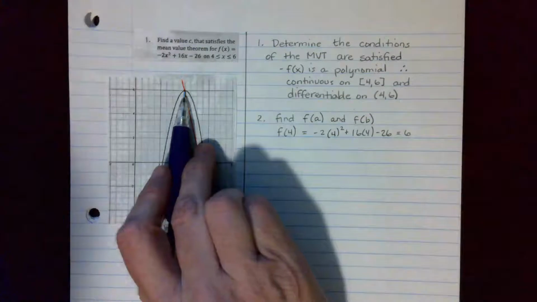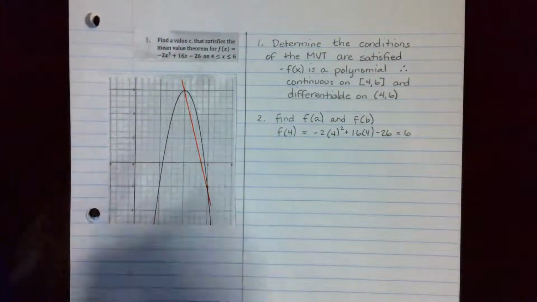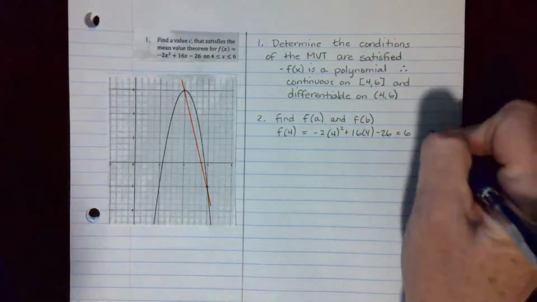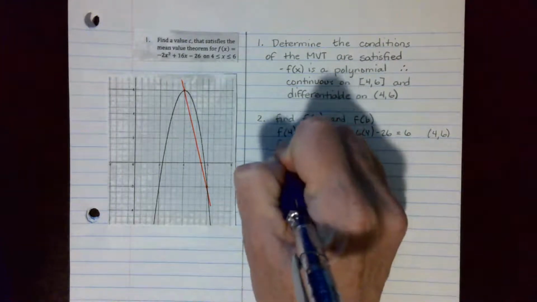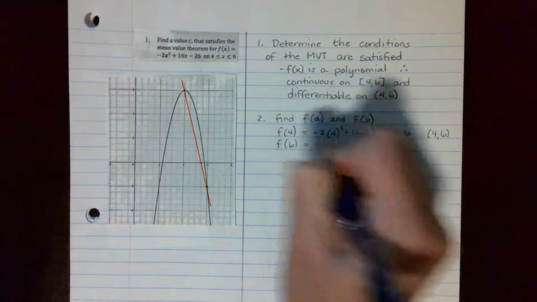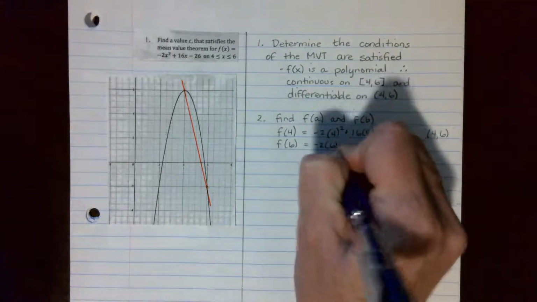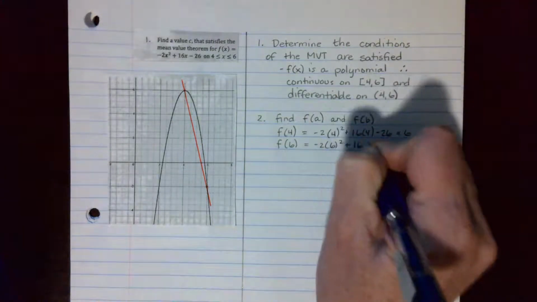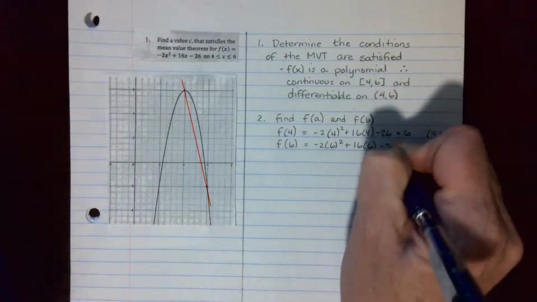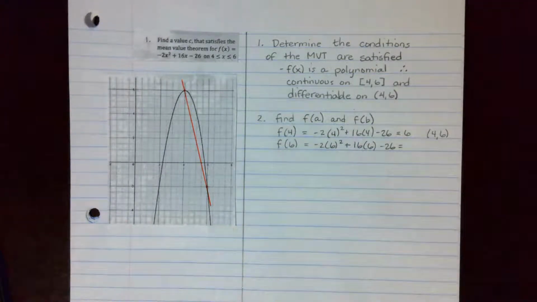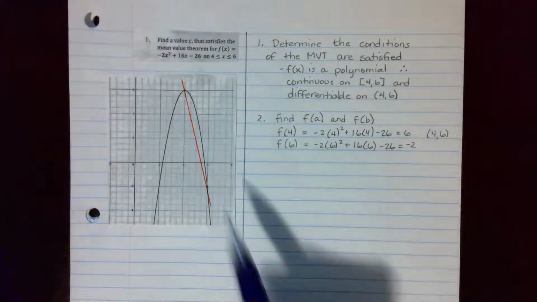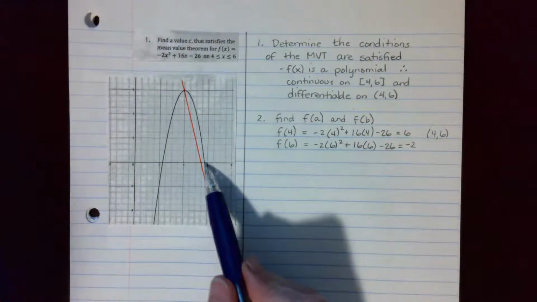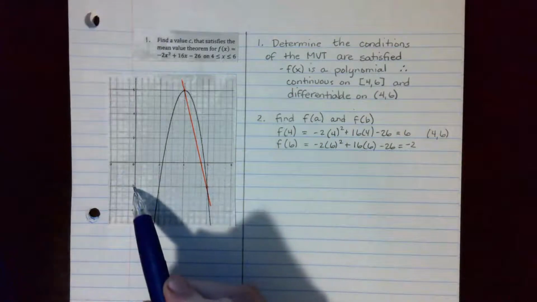I know it's very hard to read this, but that is the point (4, 6). So I can put that over here just as a reminder. Okay, f of 6, and that's going to give us -2. And I can see right here f of 6 is -2.